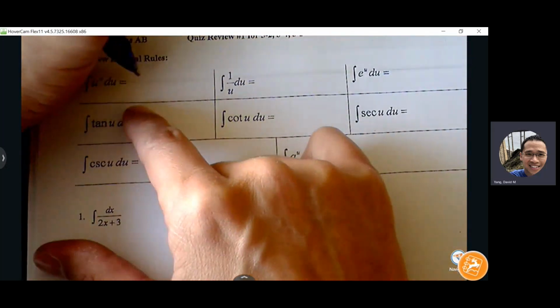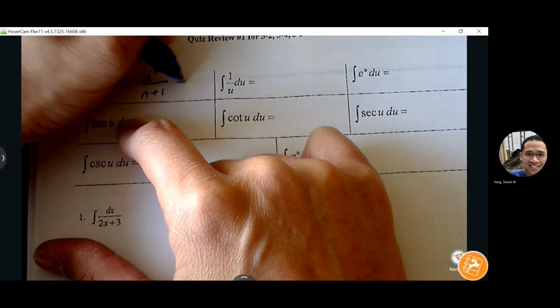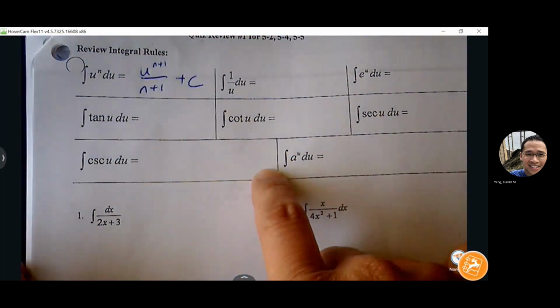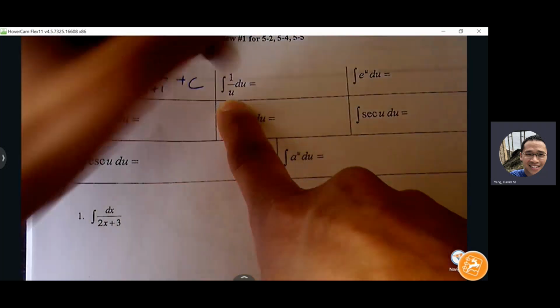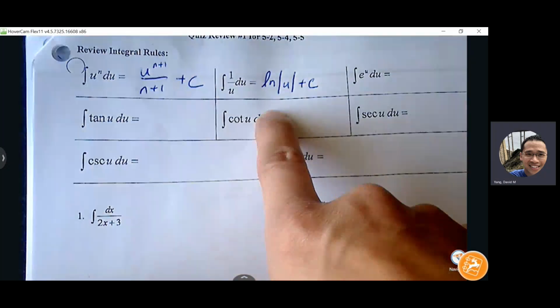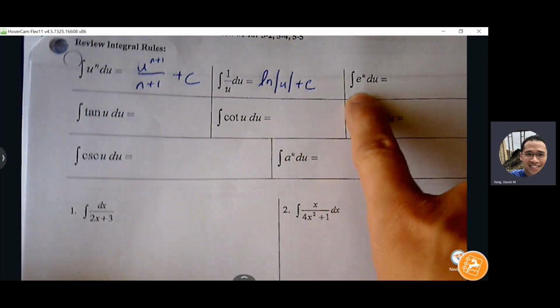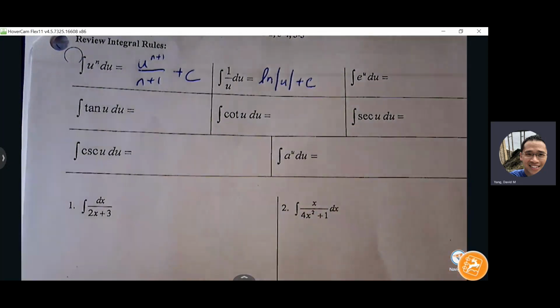Okay, so the first one is power rule. Second one, this is the one case that power rule is not able to handle: e to the u. We tend to have an easier time with this. We know e to the u is just e to the u.